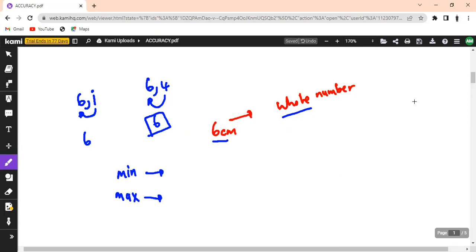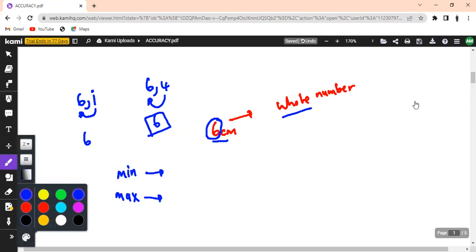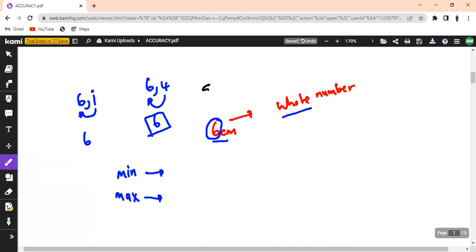Definitely I'm going to look for a value 1 less than this, so it must be 5 comma something. That is the minimum. So it's 5 comma which value? That when I round off, is going to give me 6. Definitely it's 5,5.